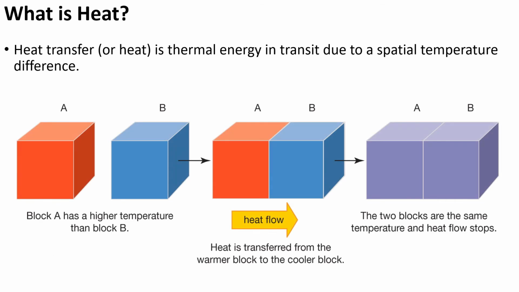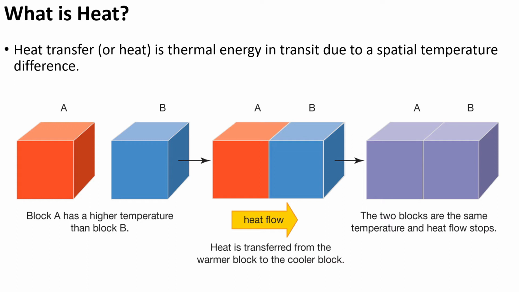For example, we have two blocks, block A and block B, as shown in the figure. Block A has a higher temperature than block B. So there is a temperature difference between block A and block B, and there will be a flow of energy between them due to this difference.